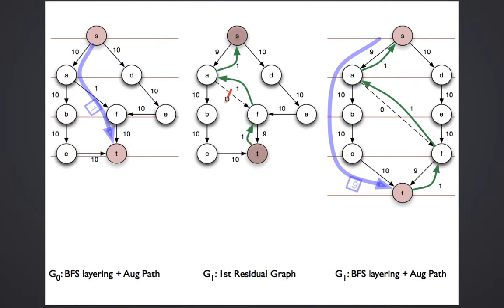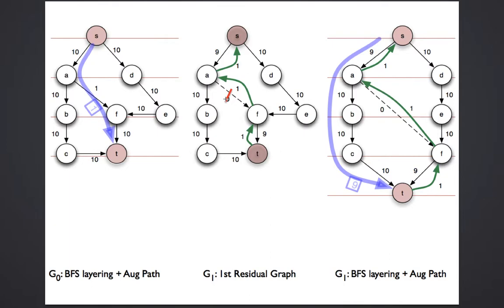As I said, the reverse edges are useless until we can use a longer path. So, if each augmentation deletes one edge from the level graph, then after E iterations, the level graph will be empty and there are no s-t paths in the level graph.